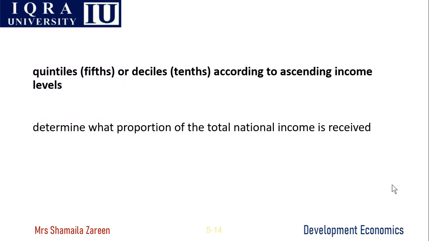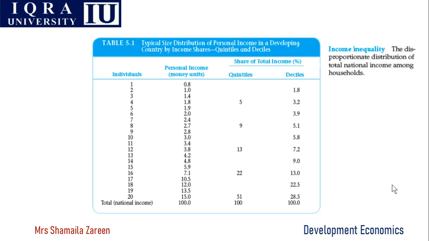These determine what proportion of the total national income is received. From this table you can easily see the quintiles and deciles. Economists and statisticians like to arrange all individuals by ascending personal income and then divide the total population into distinct groups or sizes.